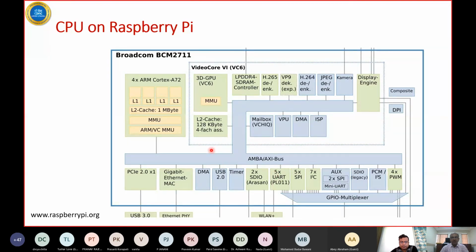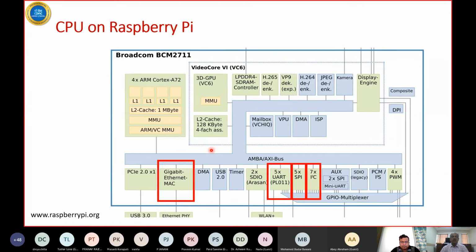And why I am showing this is that you will find inside this what I described in my agenda: all those interfaces like Gigabit Ethernet, UART, SPI, I2C. CAN is not here, but you may use it in some other application.